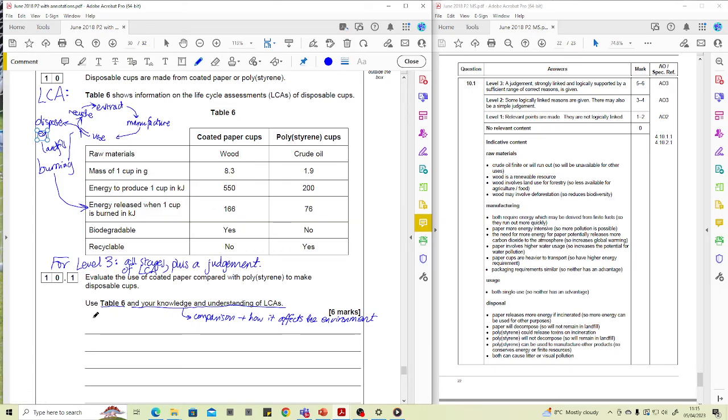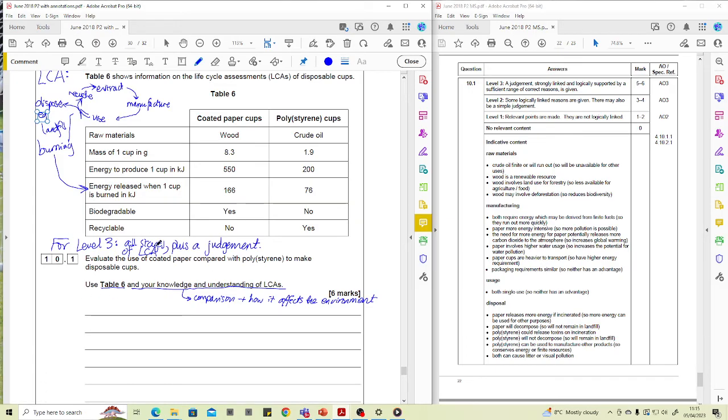Okay then, so I would say for level 3 it would be a really good idea to mention every single stage of the life cycle and try and link that to the table, plus your own things that are not in the table, such as transport. So in manufacture there could be transport here, transport anywhere, so we can include that as well.